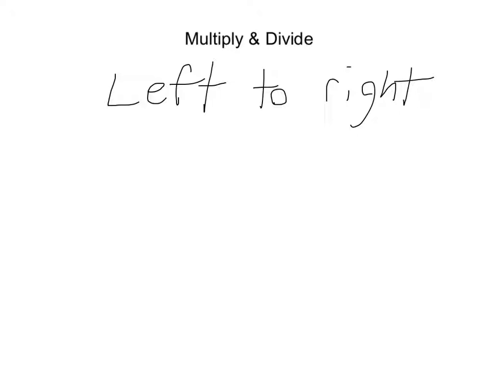A simple problem is 4 divided by 4 times 4. Okay? So if we want to do this problem with the old style, multiplication would come first, theoretically. This is the wrong way to do it.